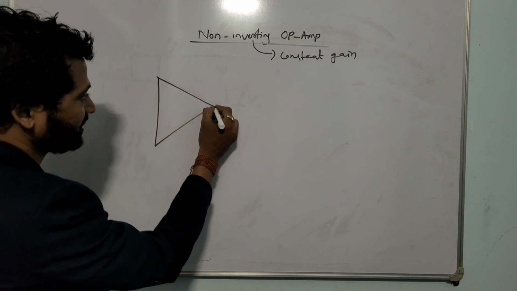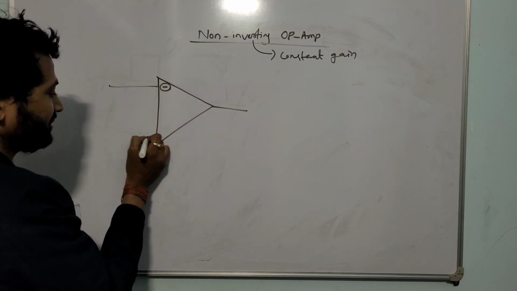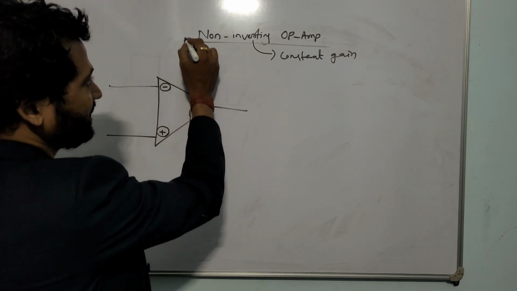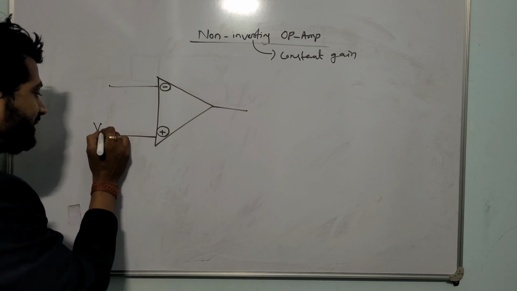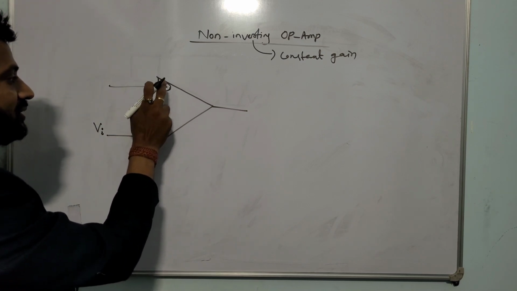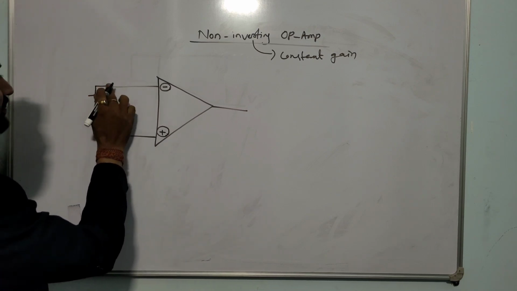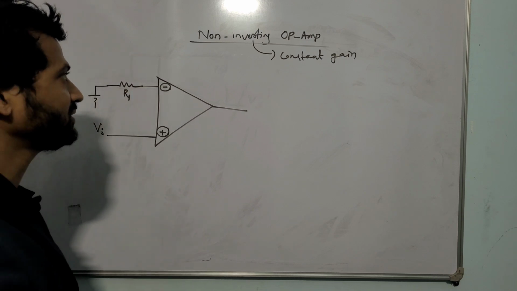This is your circuit diagram. The negative terminal is the inverting terminal, positive is the non-inverting terminal. This name suggests non-inverting operational amplifier, meaning we have to give supply to the non-inverting terminal and we will ground the inverting terminal. So you are grounding it through a resistance, let it be R1. Clear till here?